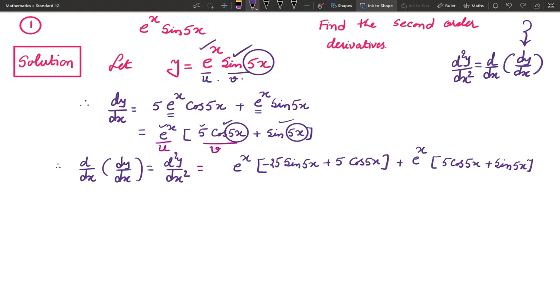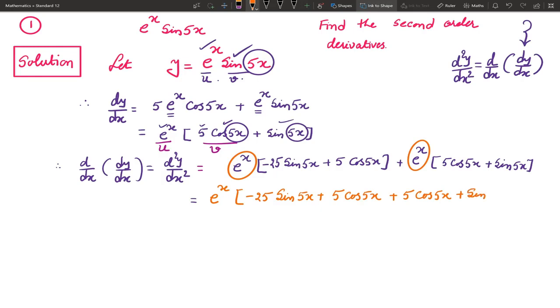Now we simplify. We already obtained the second order derivative. First we take e raised to x common. So e raised to x into bracket minus 25 sine 5x plus 5 cos 5x plus 5 cos 5x plus sine 5x.